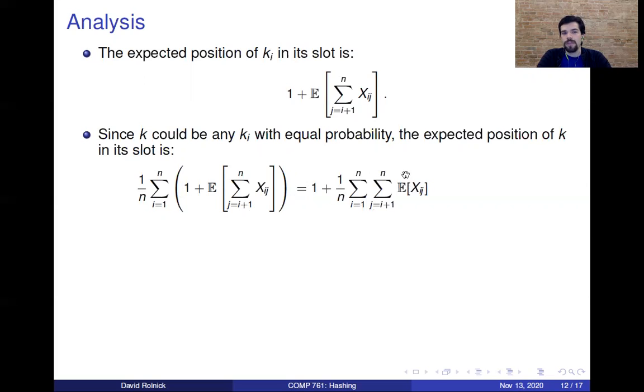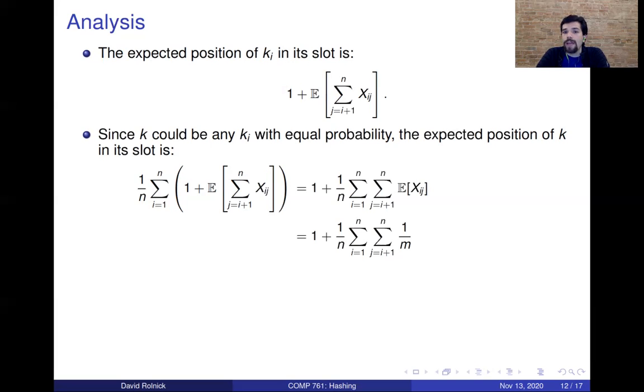And then we just have these 2 summations, which are the same as before. Next thing we can do is, what's the probability that i and j collide? Well, since we're under this simple uniform hashing assumption, the probability that i and j collide is just 1 over m.